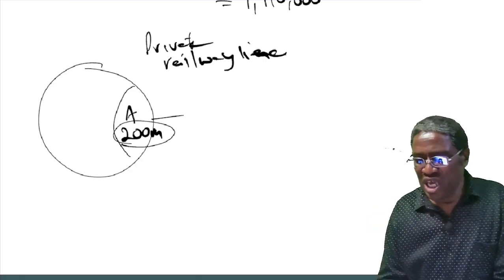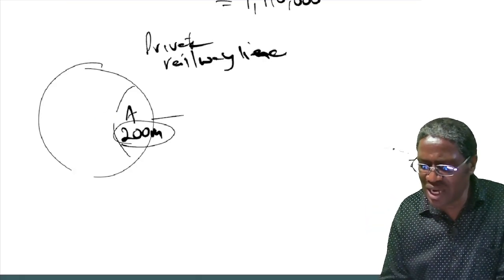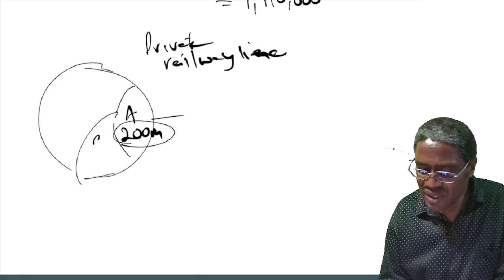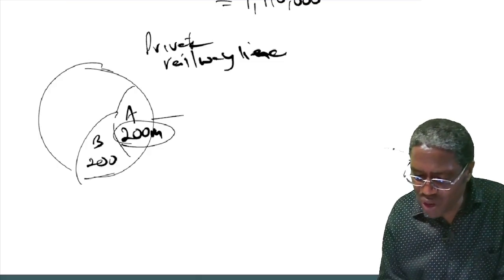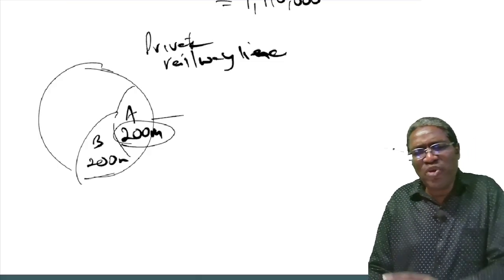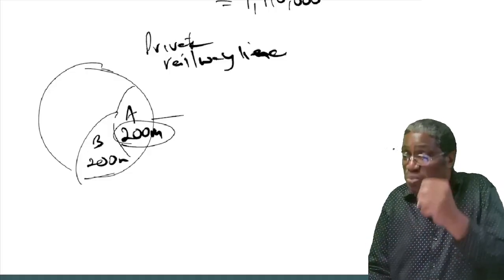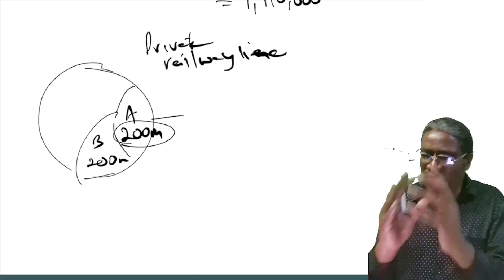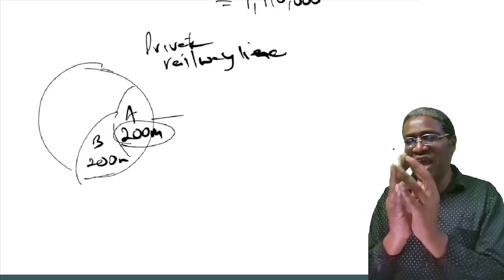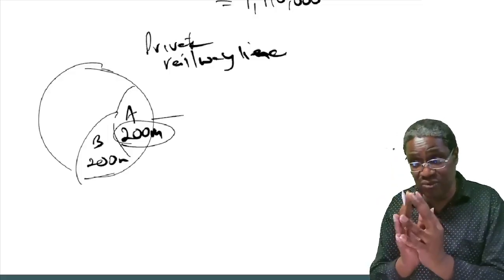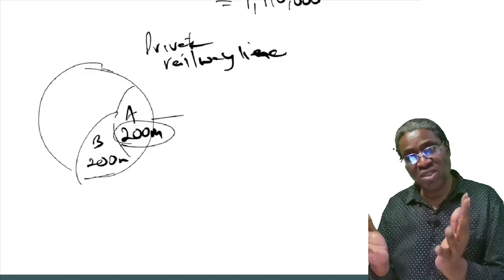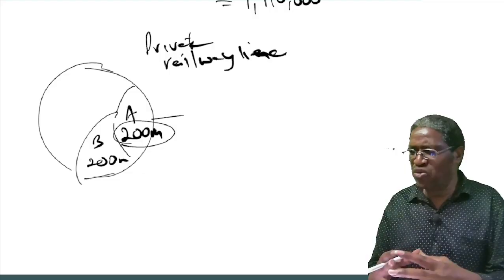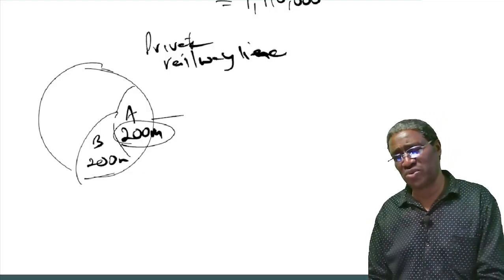Let us assume we put asset A together with asset B, which has a carrying amount of 200 million. As a group, can this group of assets generate its own independent cash flow? Maybe not. Even as a group of two assets, they can't generate their own cash flows.